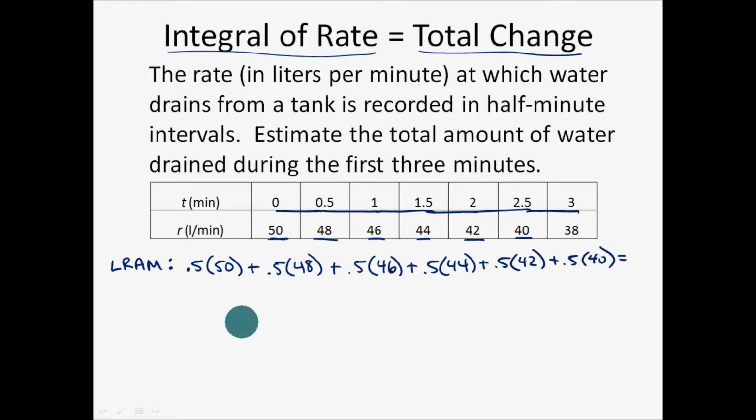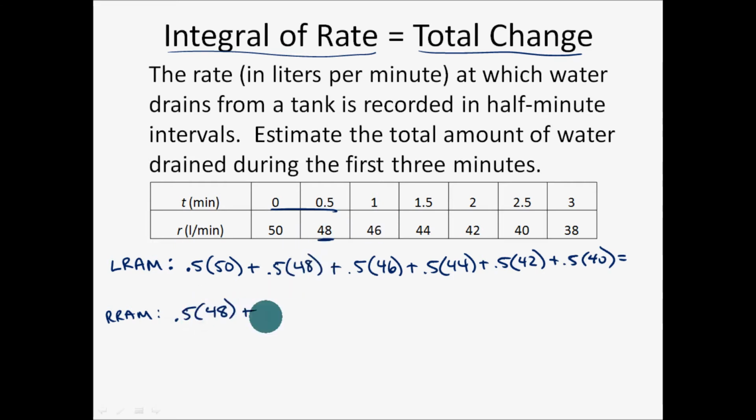Now I'm going to do the right rectangle approximation method. Let me erase this stuff. From 0 to 0.5 is 0.5 units, and now we're choosing the right rate, 48.